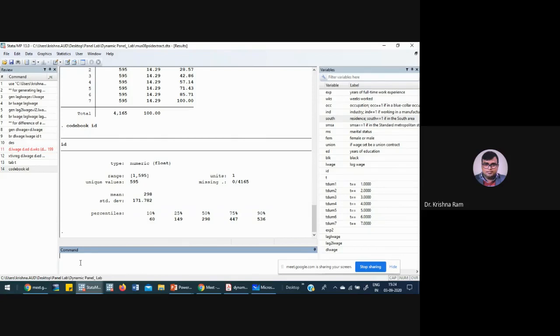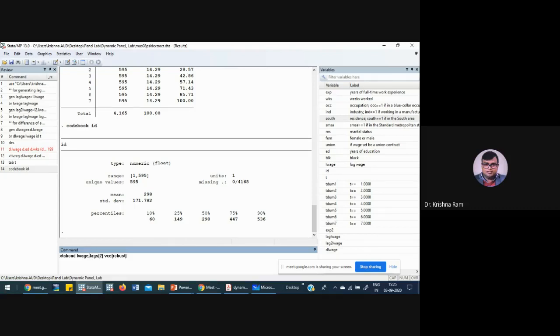So for that, I am using this particular command, xtabond, which is Arellano-Bond, then log of wage, not going to include any explanatory variable just for simplicity. So lag(2), then vce(robust). The vce(robust) option is to get robust standard errors. The lag(2) option is used as we have 2 lags of the dependent variable as explanatory variables.